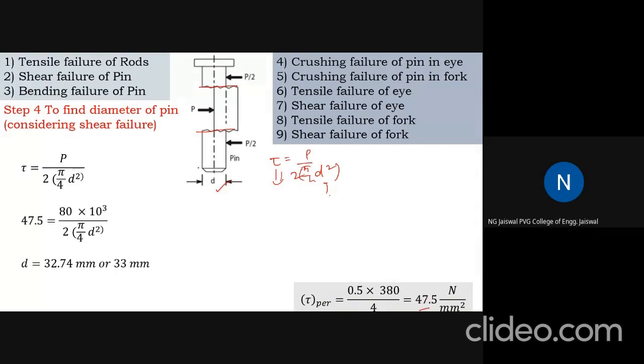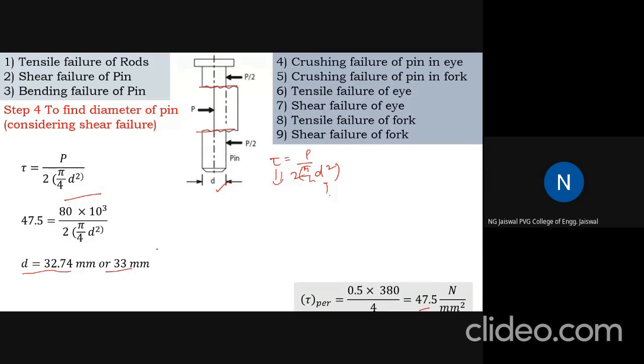And therefore, putting all the relevant values, the unit consistency must be seen again, as I told you. This is in Newton per mm square. This entire thing is in Newton, because it was in kilonewton and converted into Newton, and that's why D will be in mm. So accordingly, D is 32.74. You can make it 33, 34, no problem.